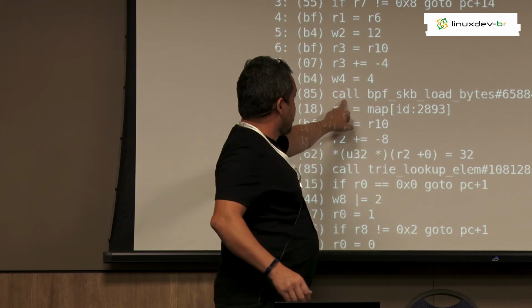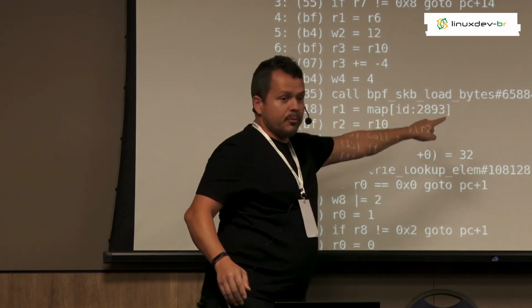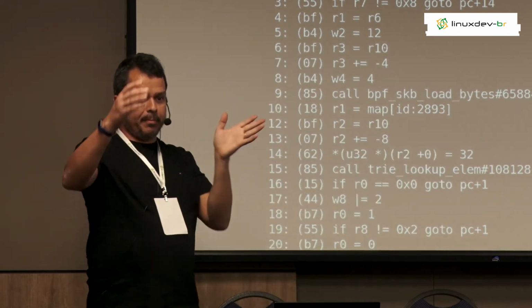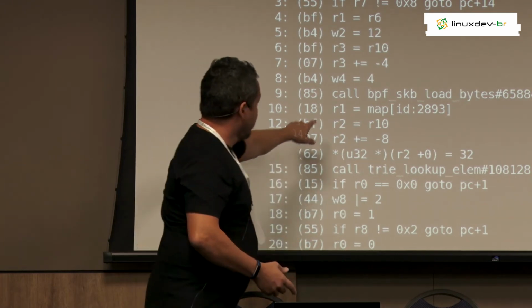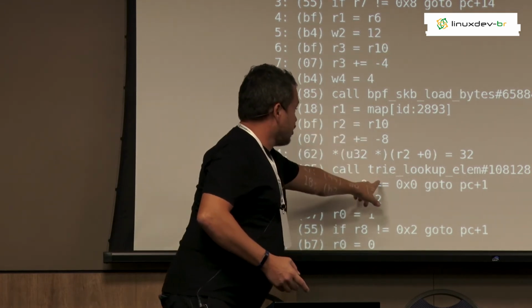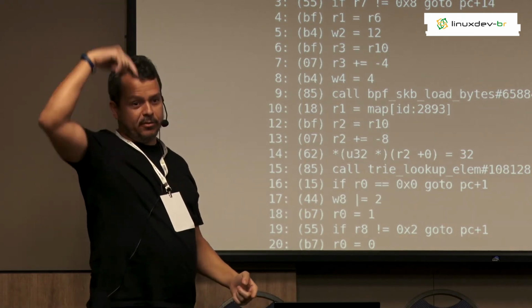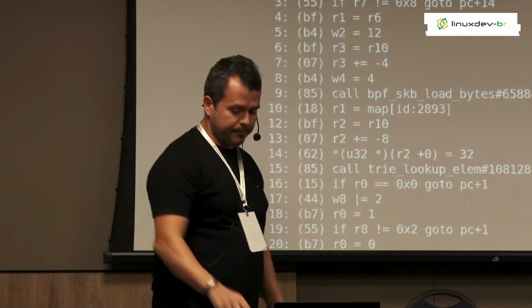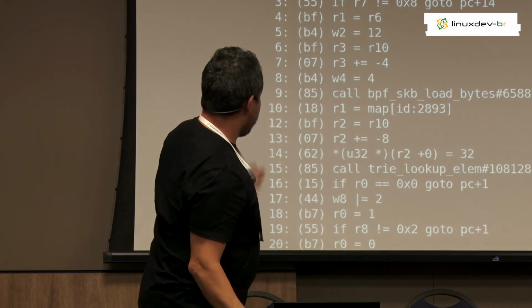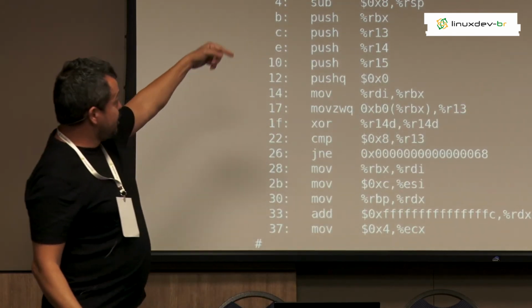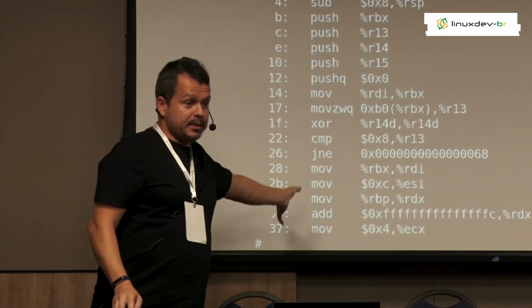At some point it says call this program, which will get the buffer from the packet and allow things. Here is going to be a lookup on that map where systemd said which address should be blocked. And here you have the JITed code, which is x86-64 code.